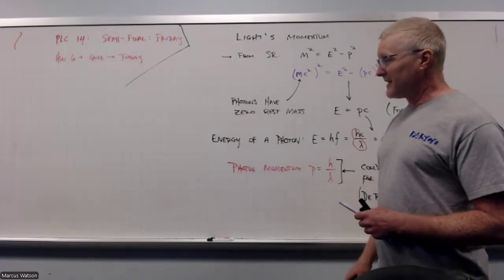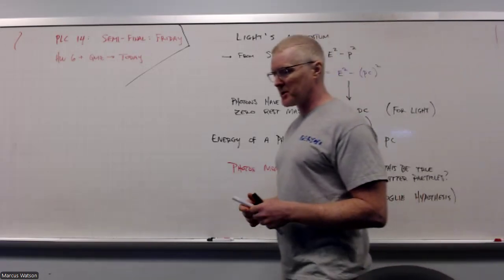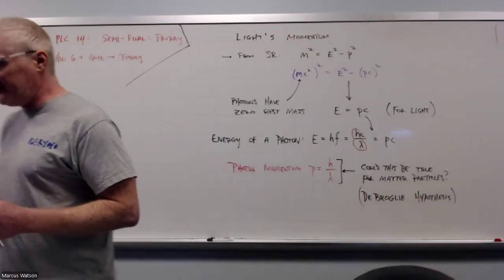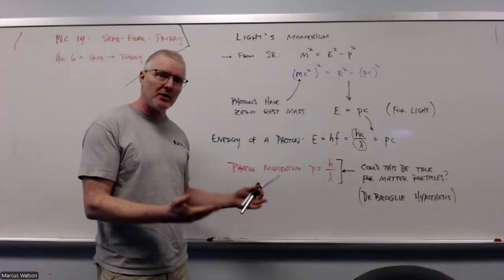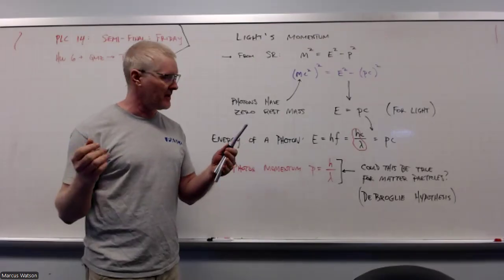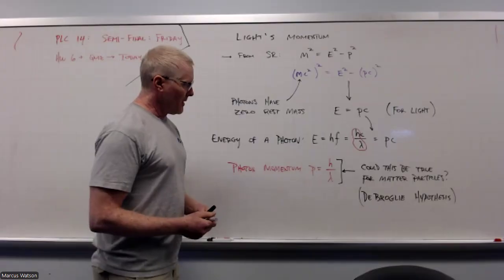So let's examine what that means if we're talking about matter particles, such as electrons. Remember, h is an extremely small number if you're talking about the value of it in joule seconds, right?